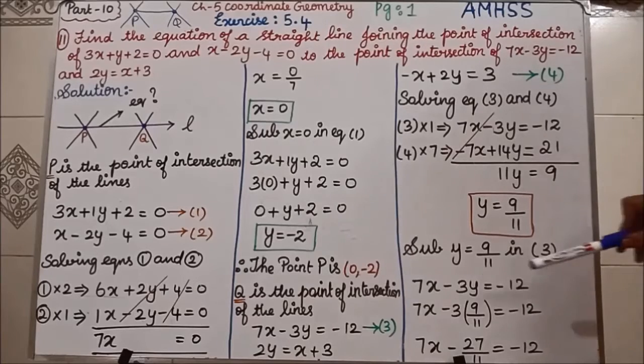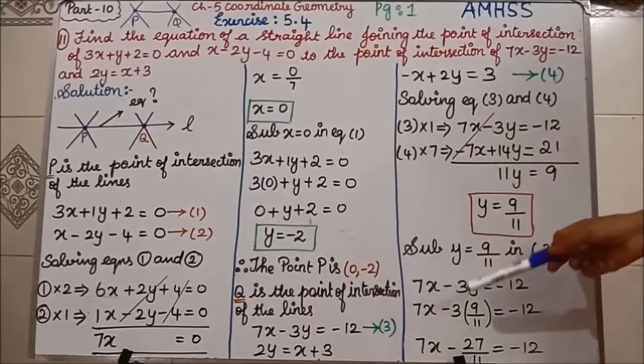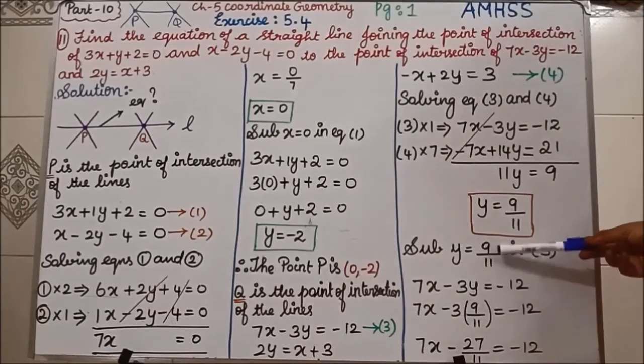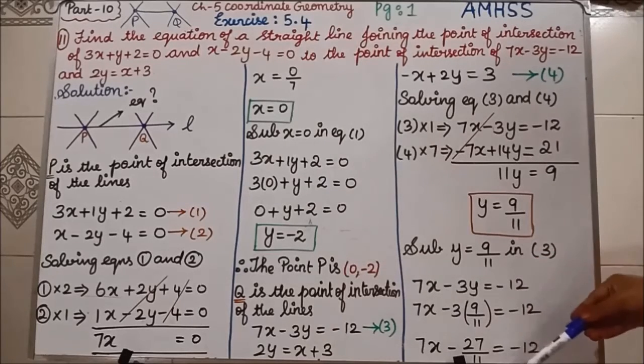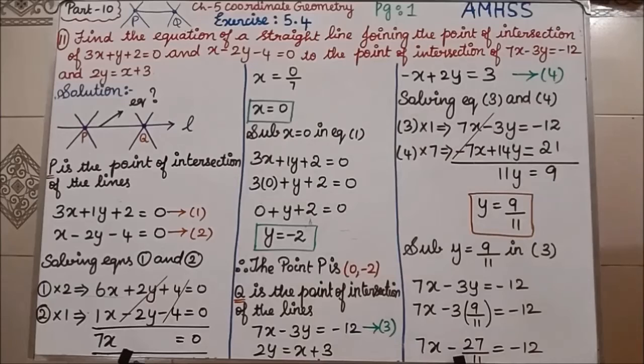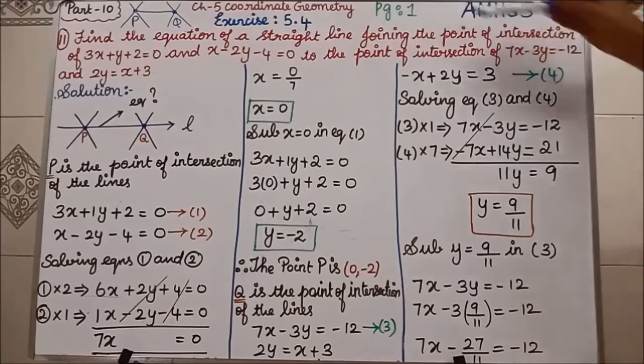Okay, I am substituting in the third equation. 7x minus 3y is equal to minus 12. 7x minus 3, y value is what? 9 by 11 is equal to minus 12. Here 7x, 9 3s are 27 by 11 is equal to minus 12. So 7x minus 27 divided by 11, if it comes to this side, it will become what? Positive. The remaining steps we will see on page number 2.